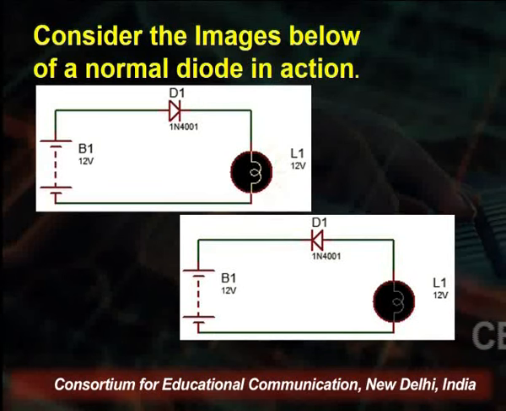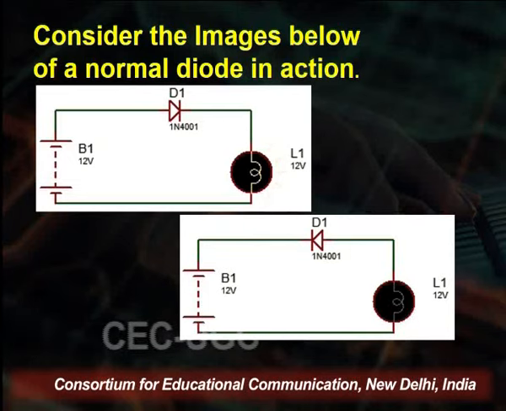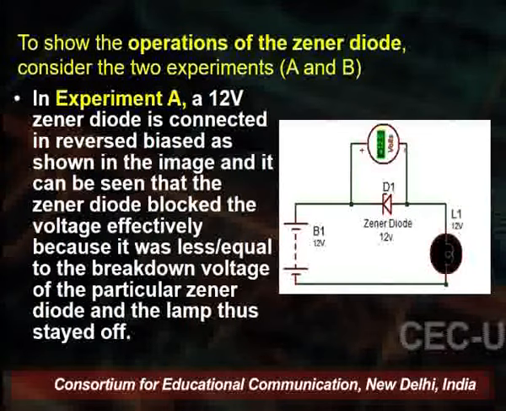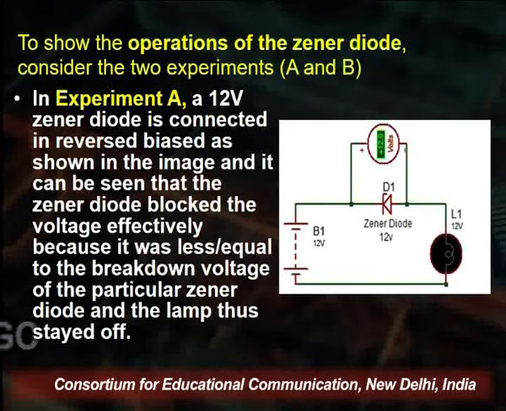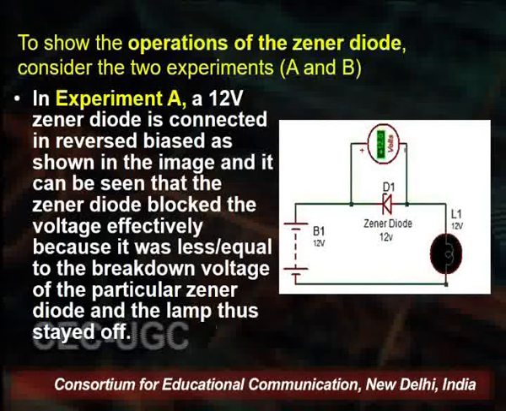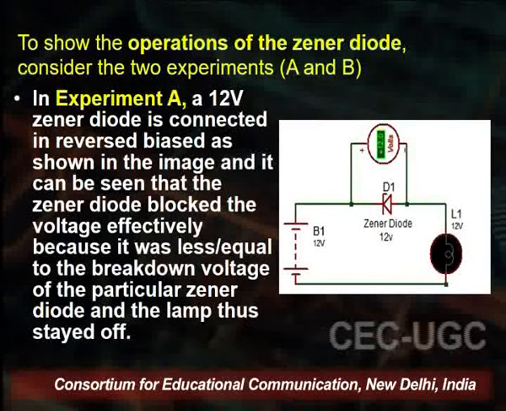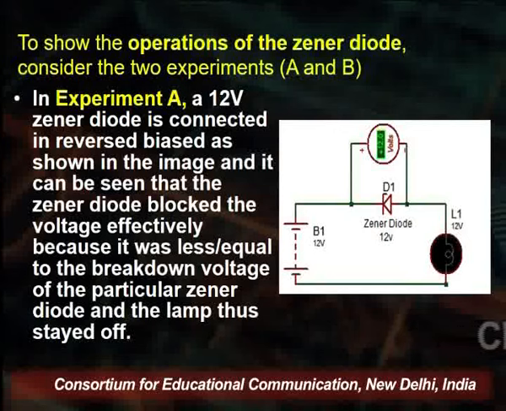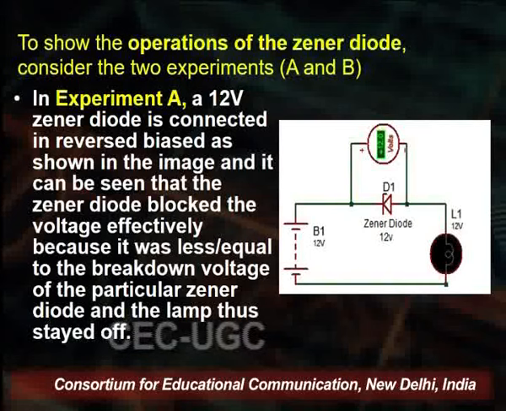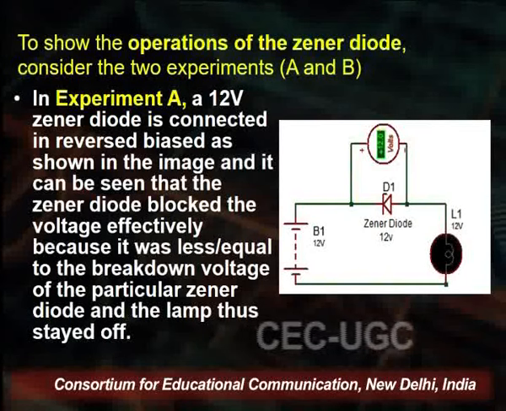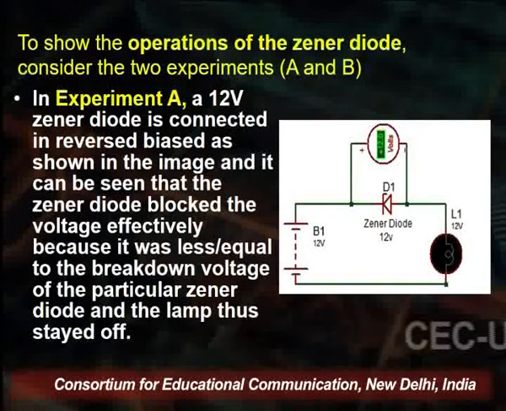Here we consider the images below of the normal diode in action. You see two diodes attached here. Now, to show the operation of the Zener diode, consider two examples. In the first experiment, experiment A, a 12 volt Zener diode is connected in reverse bias as shown in the image.